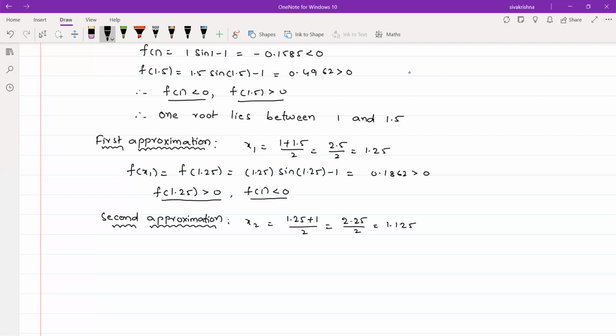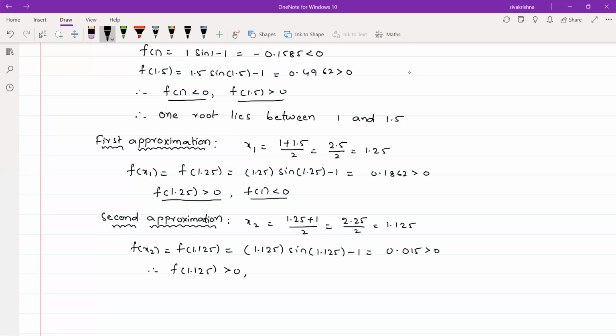Immediately after getting the second approximation, we have to calculate f of x2, that is f of 1.125. We substitute this value in the given equation, so we get 1.125 into sine of 1.125 minus 1. On calculating, we get 0.015, which is a positive value. So f of 1.125 is positive.